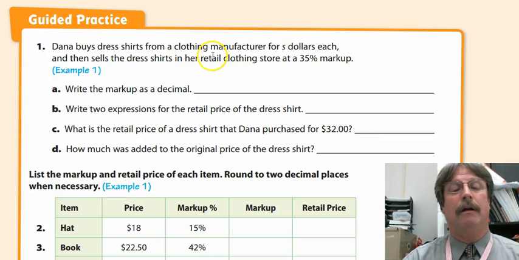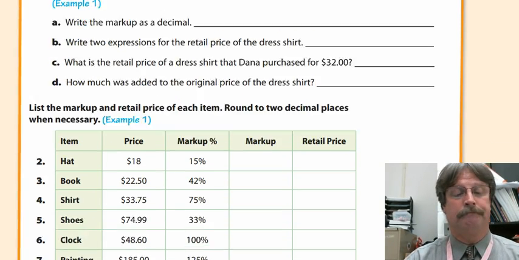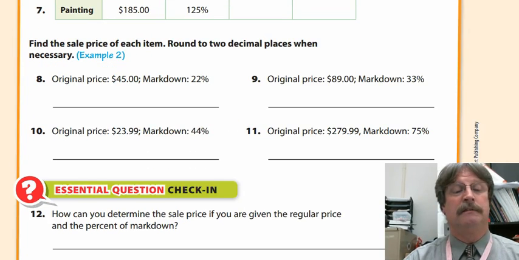This one's a markup problem. Go through the examples. Notice here they reference you to the examples that you can use to help you out. Same with example one here and doing the table. This is that change original price markdown, again using example 2. So I hope this helps you out. If you have any questions, please let me know.